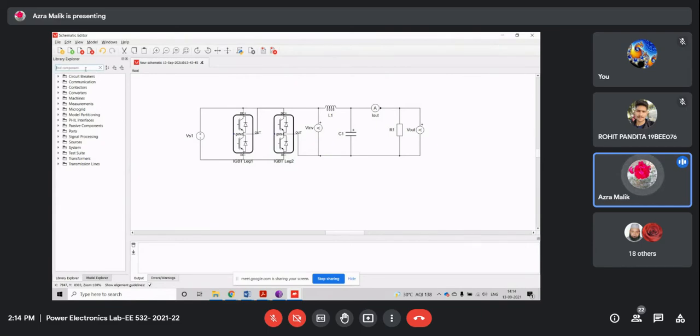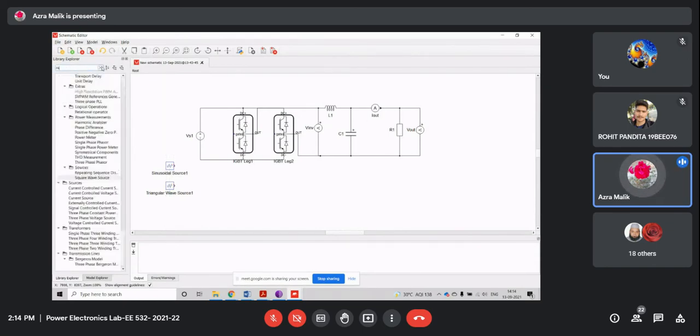We will be using sinusoidal pulse width modulation. For that, we need a sinusoidal source, a triangular source. Okay.